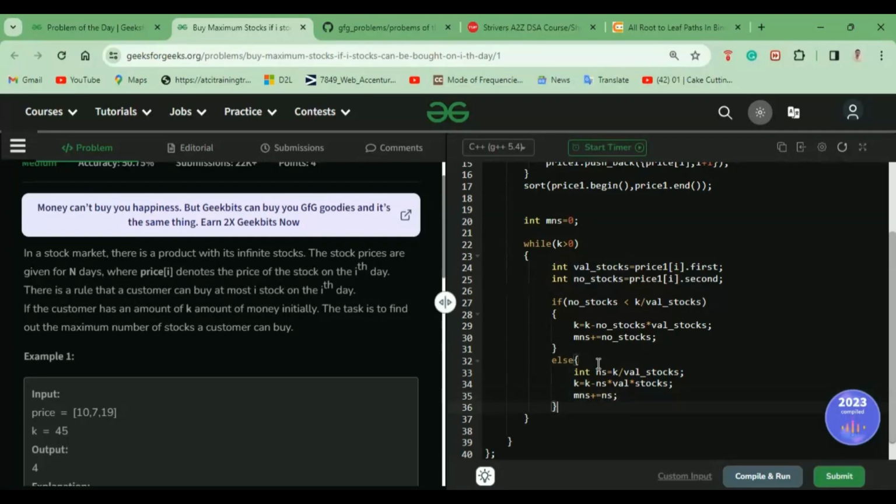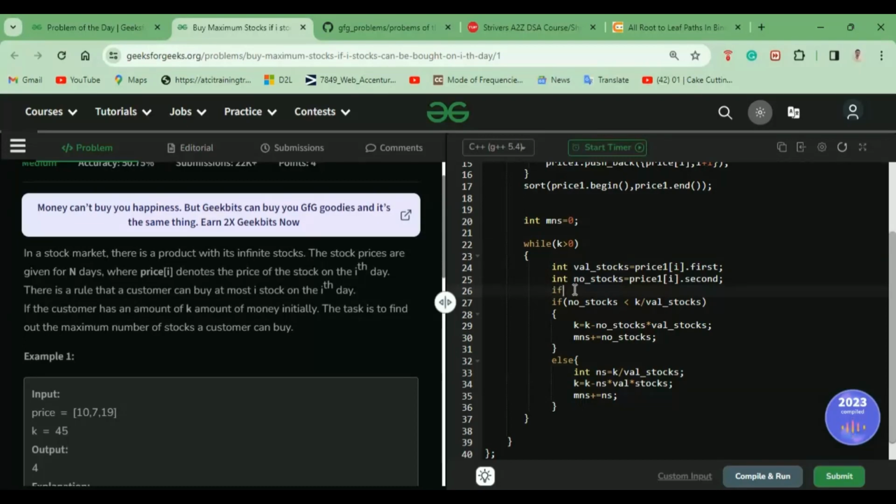So here, as you can see, when k is greater than 0, we will keep on buying. But if k divided by the value of stocks is equal to 0, then we will not be able to buy.